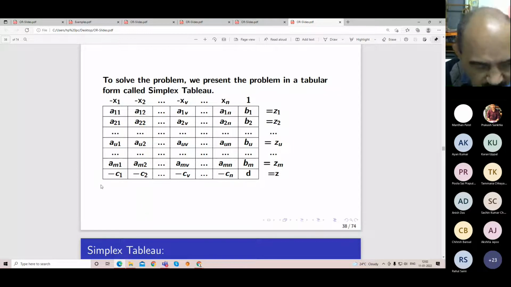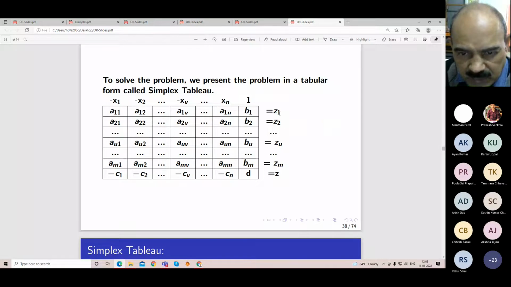So the last row represents the coefficients of the objective function. The d represents the value of the objective function. And here in this table, we have variables like basic variables and non-basic variables.